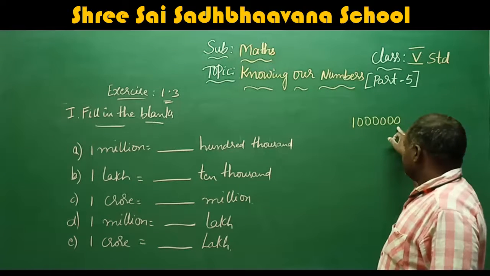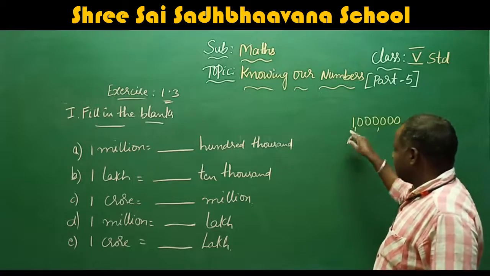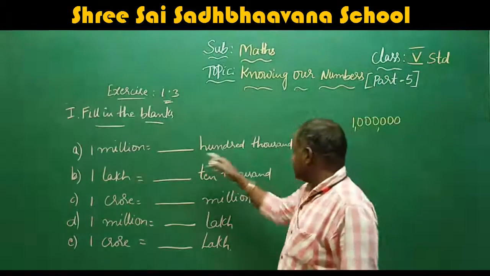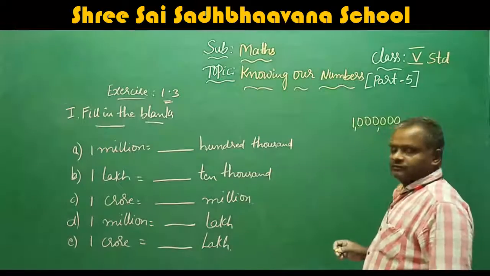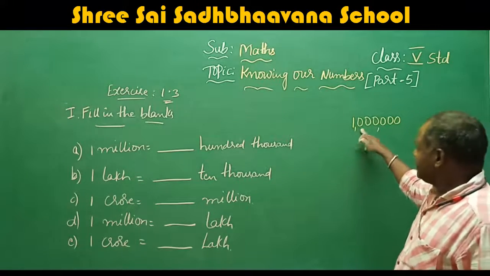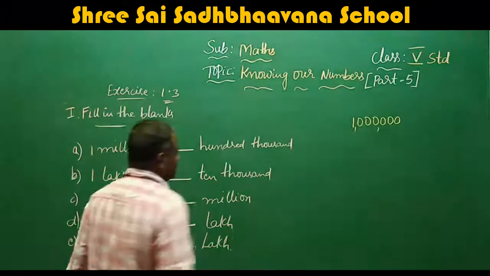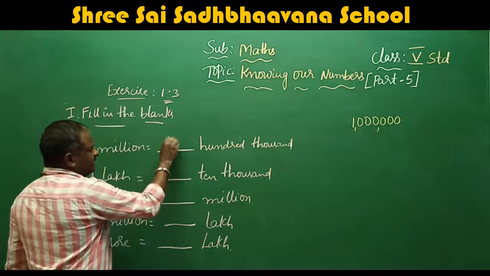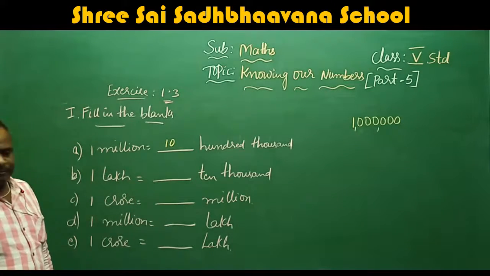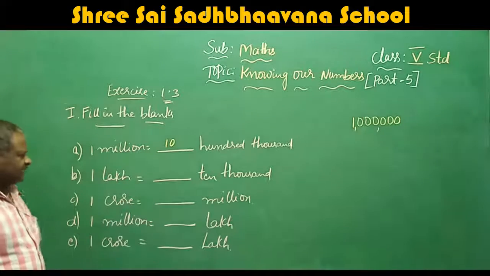How many 100,000s are there? After the 100,000 comes the 1 million, so 10 hundred thousands are there in 1 million.